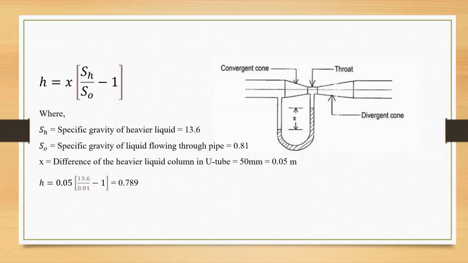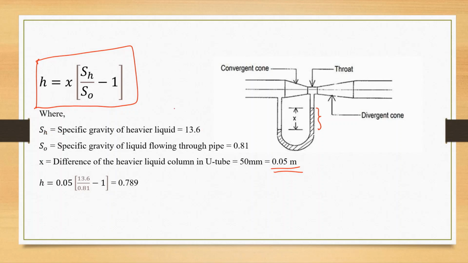Now we know the equation H is equal to X into SH by SO minus 1, where X is the level difference between the mercury levels, that is the difference of the heavier liquid in the column of the U-tube manometer, which is 0.05, and SH is the specific gravity of the heavier liquid.